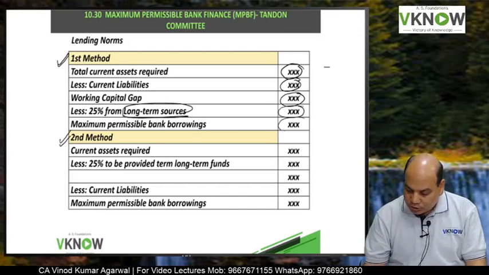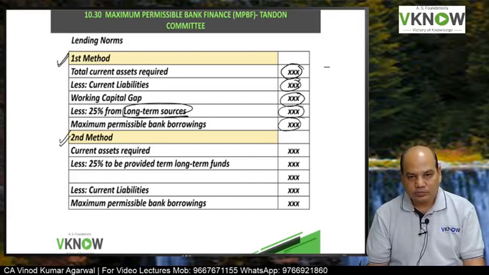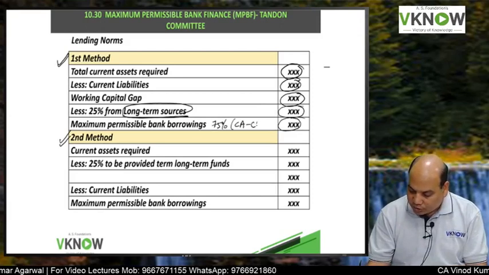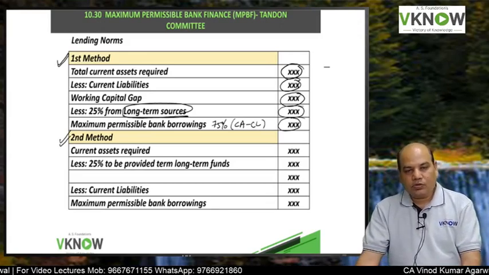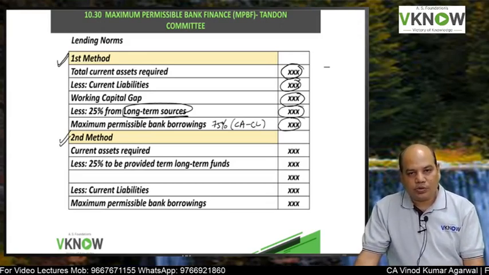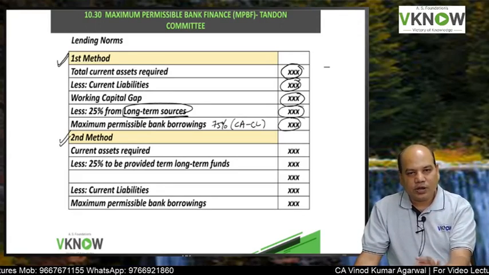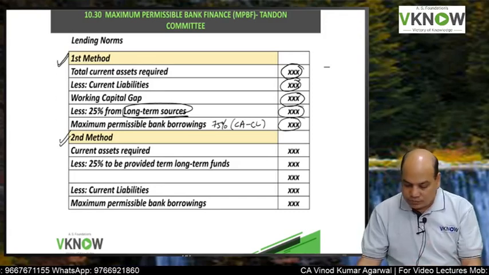We will only give 75% of the working capital gap. Is it right? So mathematically, can I write it like this? 75% of current asset minus current liability. So in the exam if they give a question, compute MPBF under method 1, one line answer: 75% of current asset minus current liability. Take current asset, take current liability.